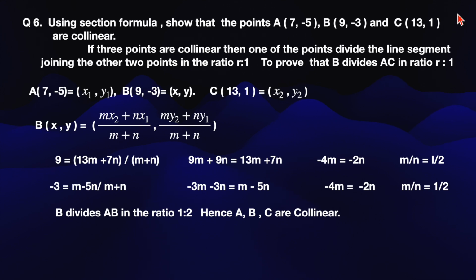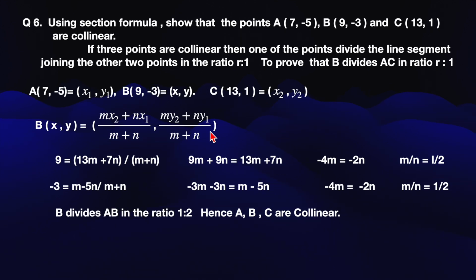So here in this sum we are going to prove that B divides AC in the ratio which we are going to find out. Okay, so we are going to use the section formula to find the ratio. So A is x1 y1, B is the point which divides AC, so we are going to give it xy, C is x2 y2.